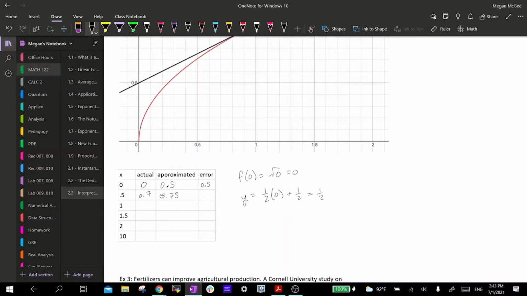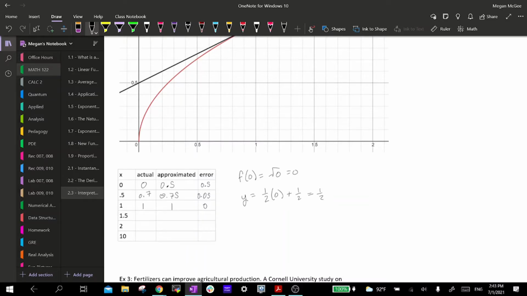So we got a little closer there. Our error is only 0.05. At 1, and this is the value at which we drew our tangent line, our actual value and our approximated value match up because that's where we drew our line. So we have no error right there.